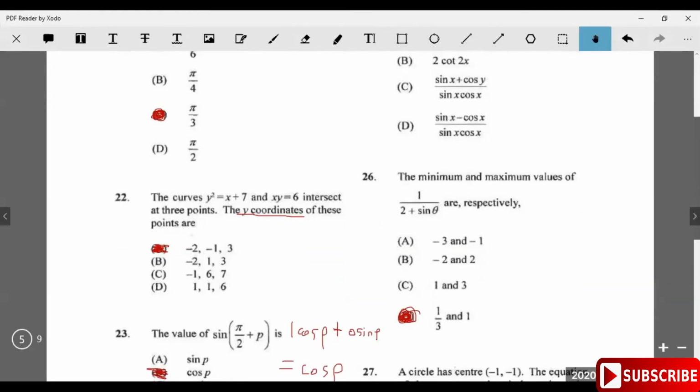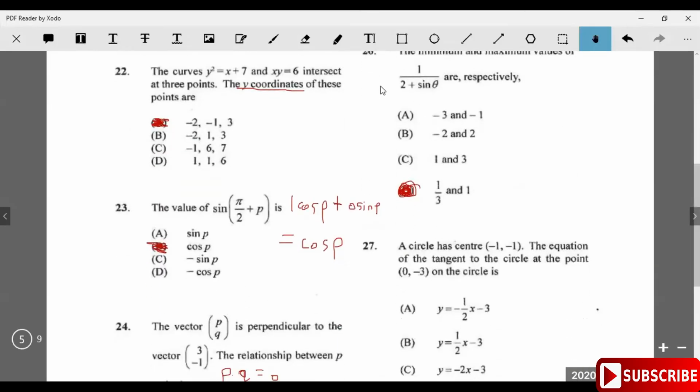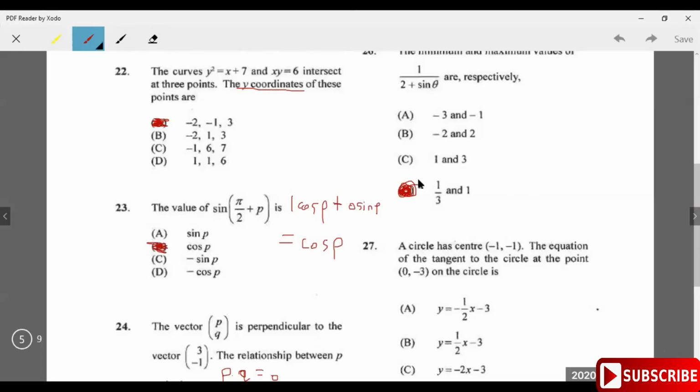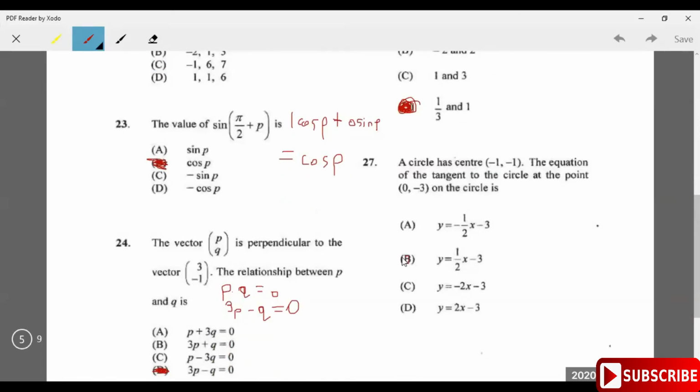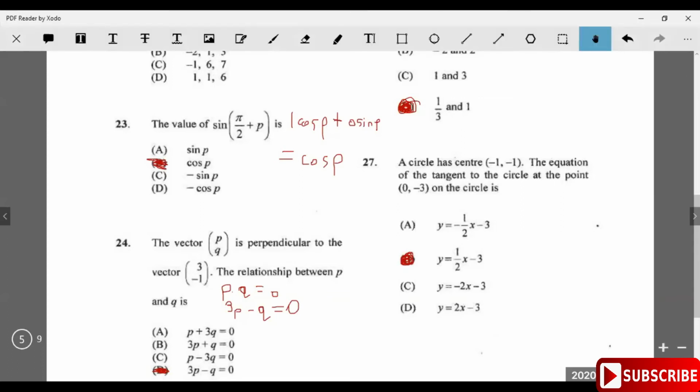Easy, soft. Question 27 is also a repeat question from the last paper, which we got was a half x minus 3. Easy, so they gave us 3 repeat questions in a row from 26.